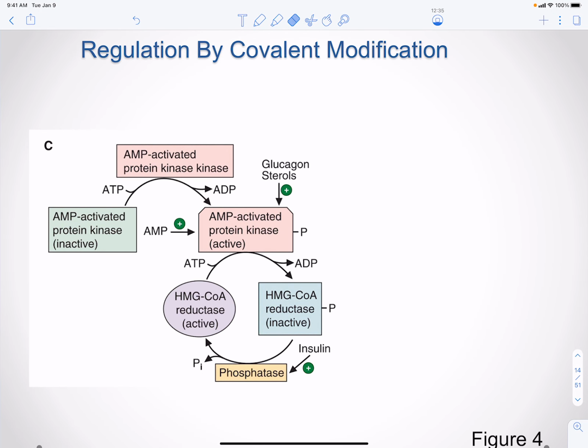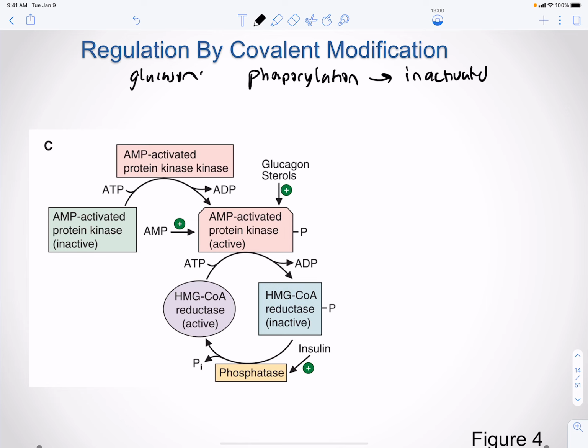So the reductase is going to be regulated by phosphorylation and dephosphorylation, surprise, surprise. So elevated glucagon levels is going to increase phosphorylation and inactivate it. You don't want to make cholesterol if you're in a fasting state.